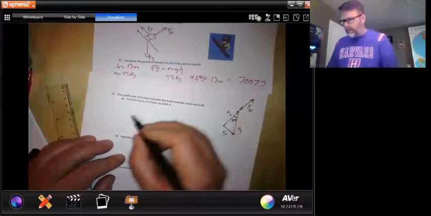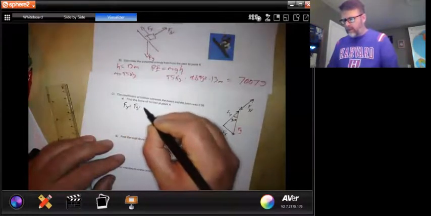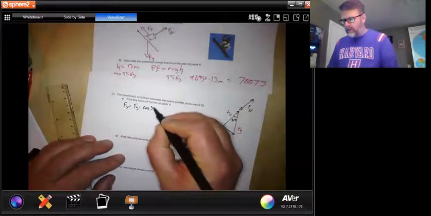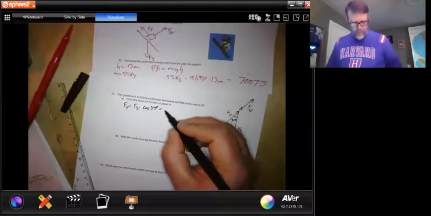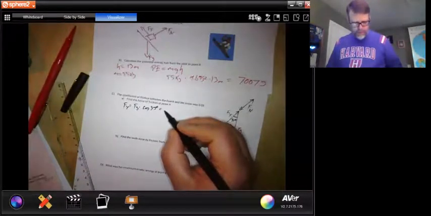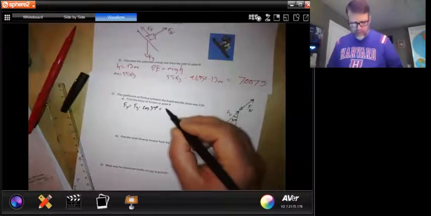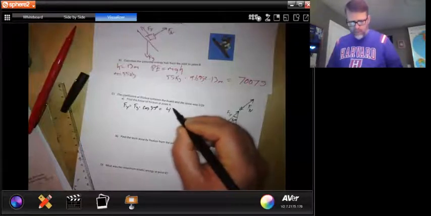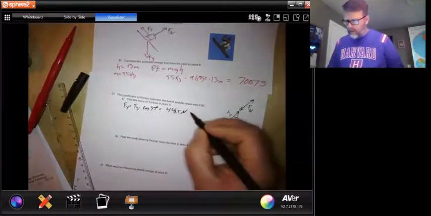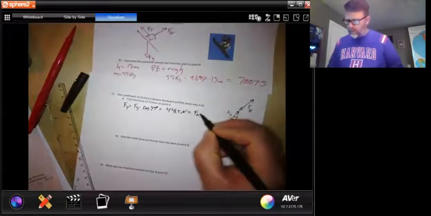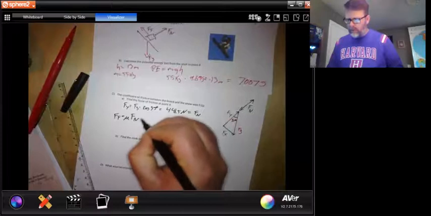If we can find our force in the y, that is going to be our force of gravity times cosine of 35 degrees, which should equal 44 or 1.5 newtons. That was our force normal. Then force of friction equals mu times force normal.